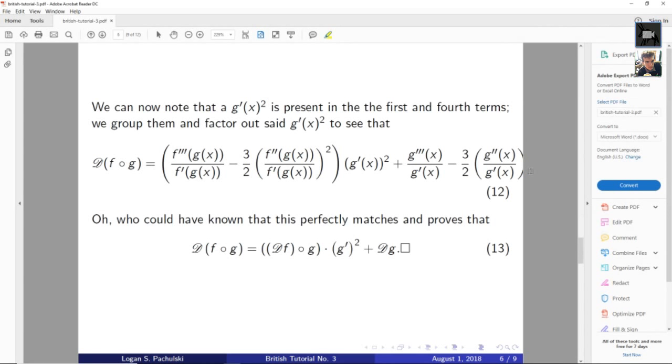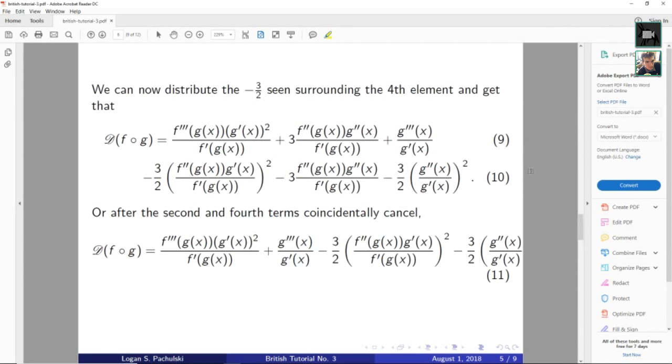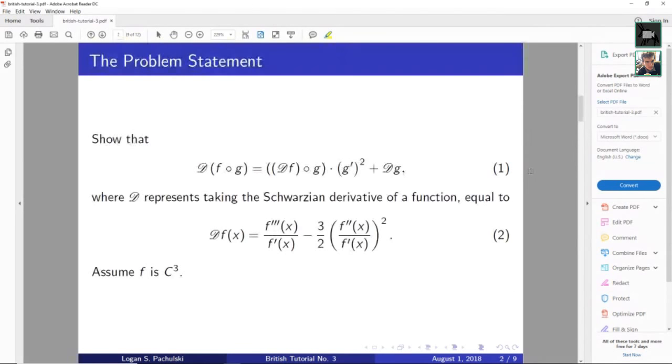And then I ask you the question, suppose I take the Schwarzian derivative of iterated applications of f. So for instance, f of f of x, and so on. f iterated or composed n times, applied to x.